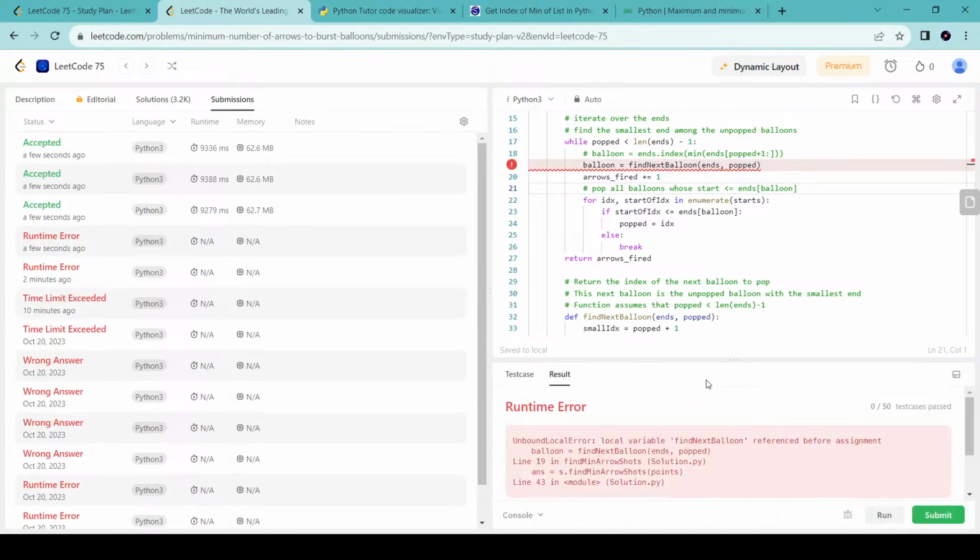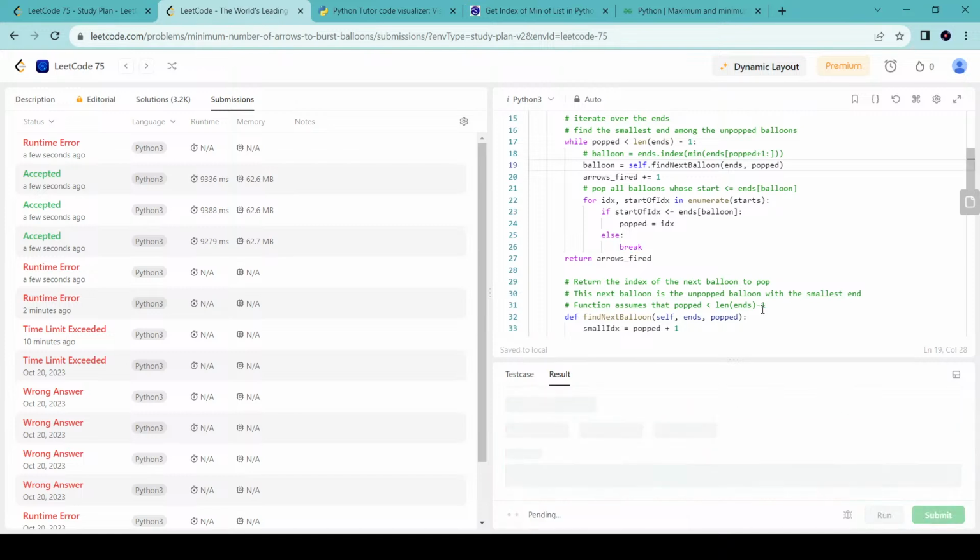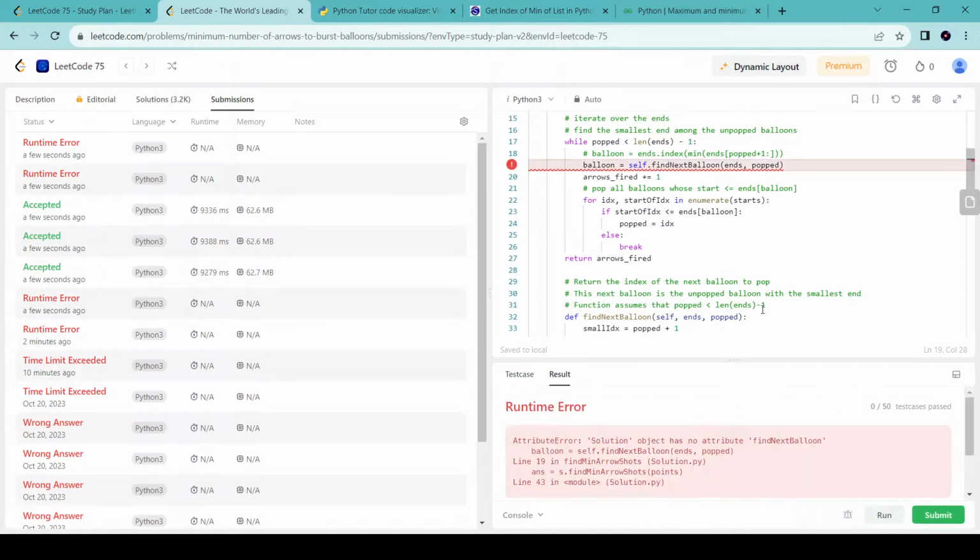Okay, so time to beat is 9 seconds. Oh, runtime error. Find next balloon. To self. Find next balloon.